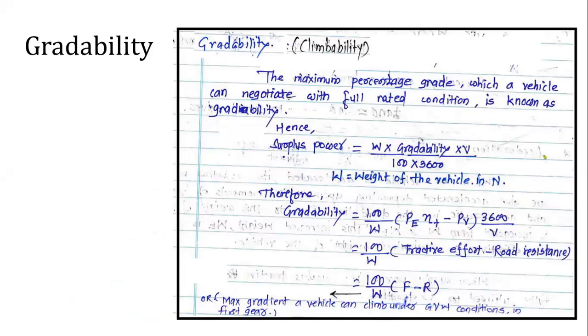So the next term is gradability, or we can call it climbability. So we have seen the percentage grade, and that percentage grade is equal to tan theta into 100.